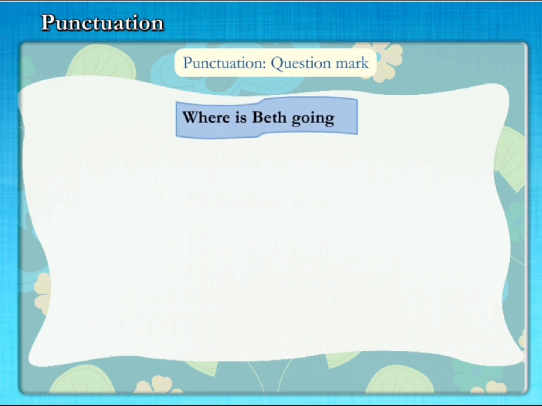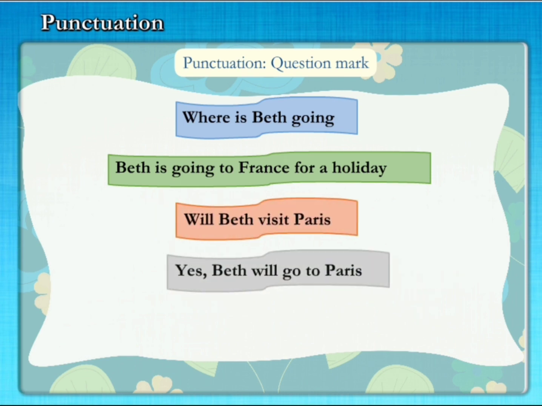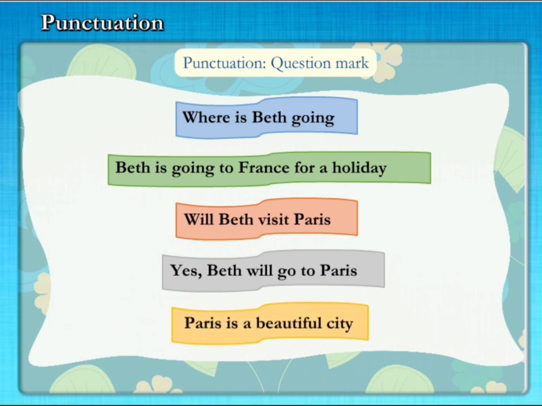Where is Beth going? Beth is going to France for the holidays. Will Beth visit Paris? Yes, Beth will go to Paris. Paris is a beautiful city. That is correct.